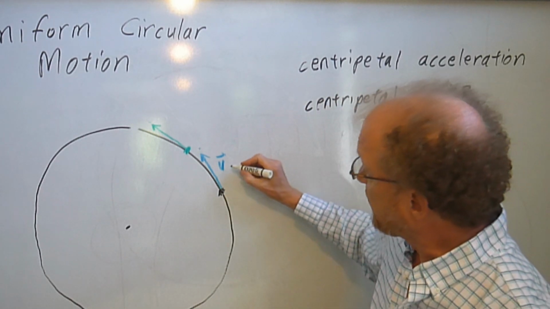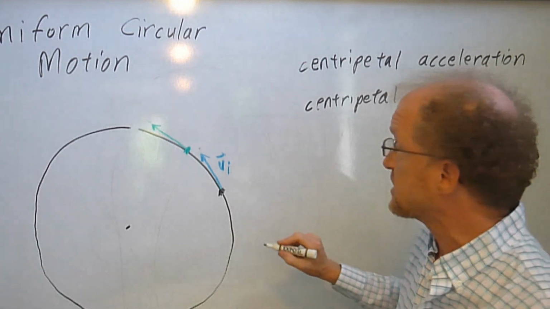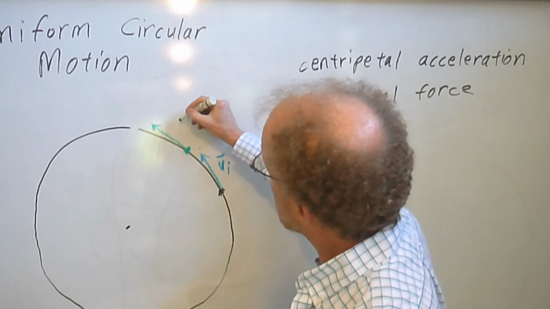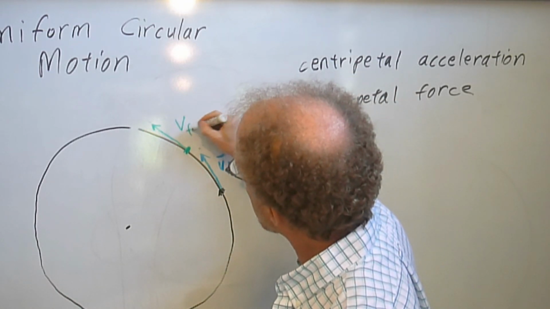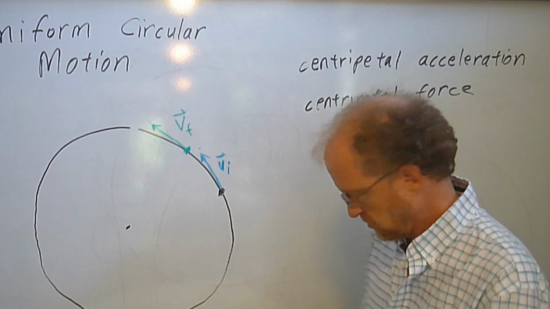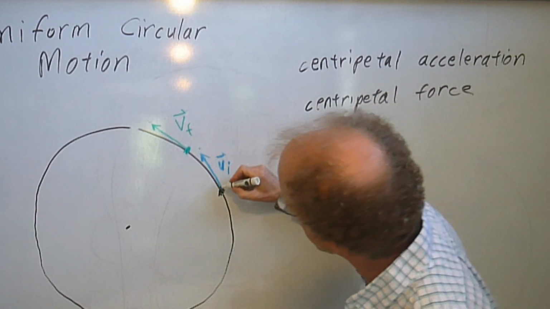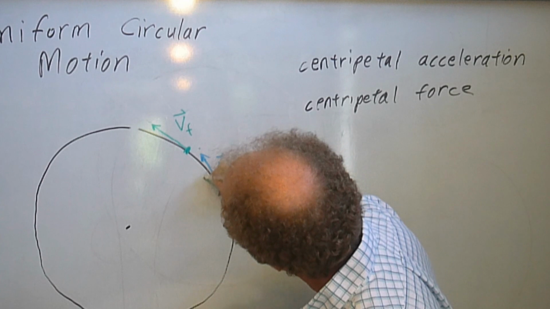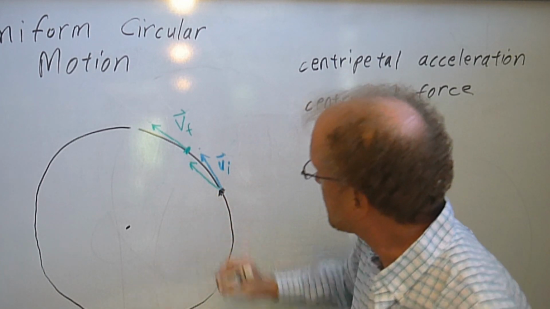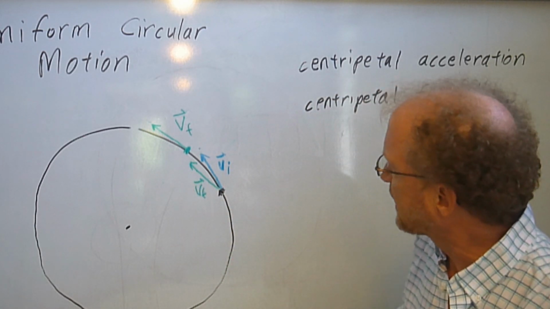So I'm going to say that this velocity vector is our initial velocity, v sub i. And this vector is our final velocity, v sub f. If I move this vector tail to tail with this one, the same direction, the same length, we have that.